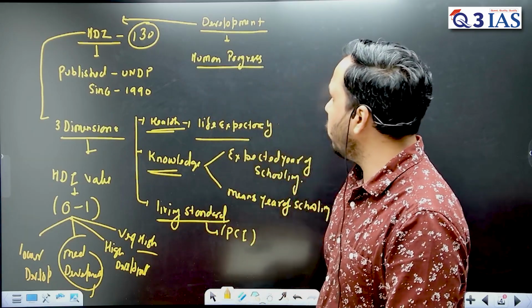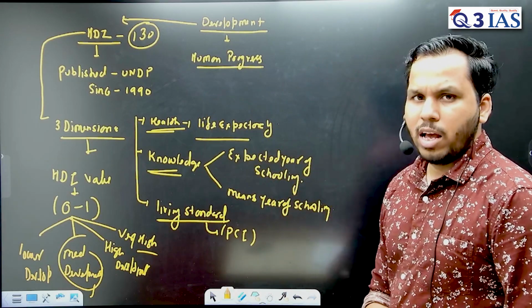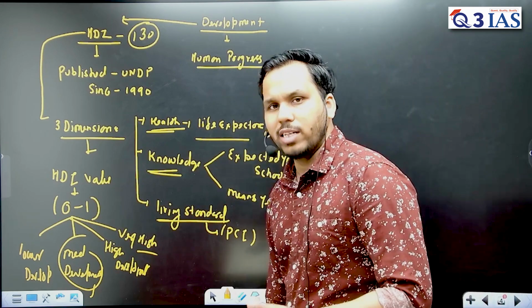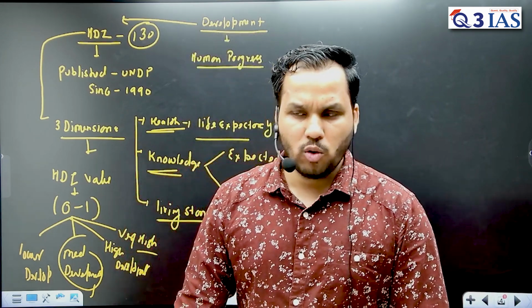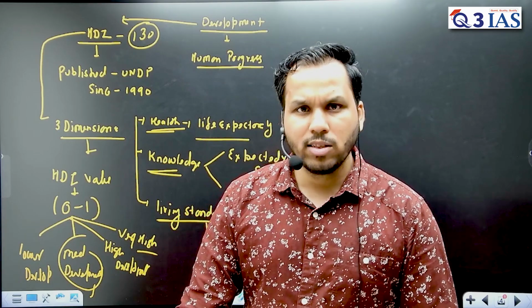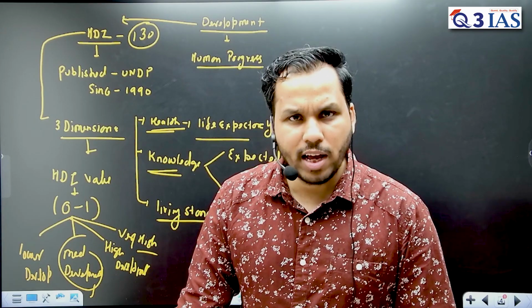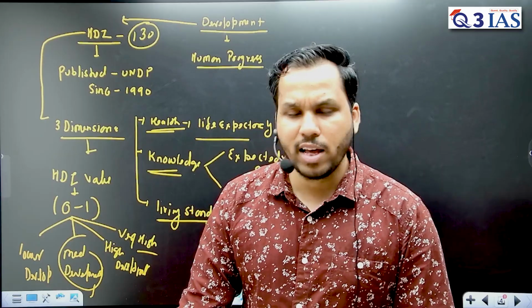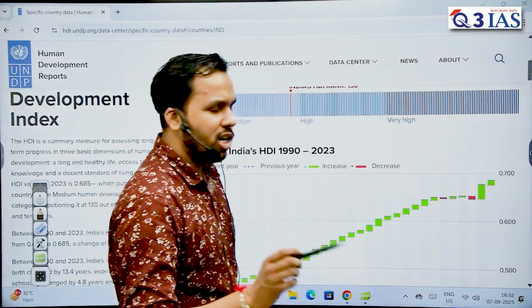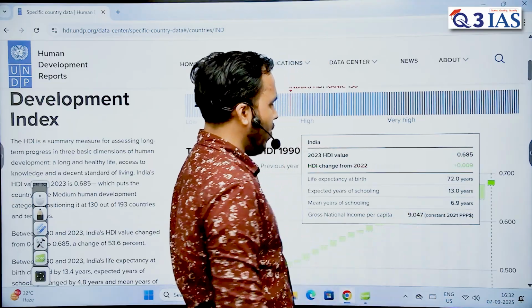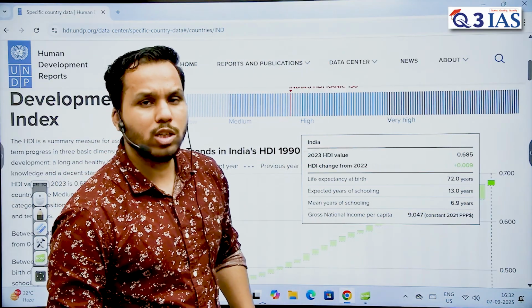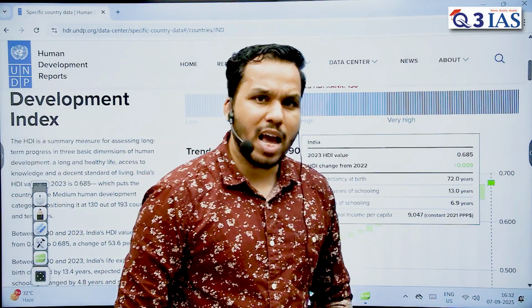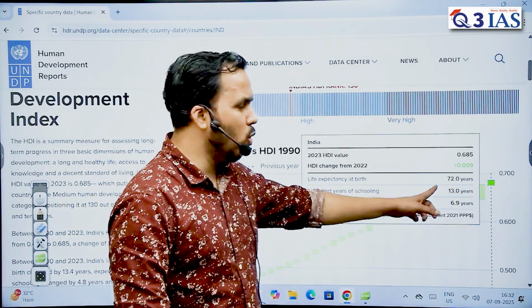So currently we can say the Human Development Index is published by UNDP since 1990, and if we see India's growth, we can clearly see India is gradually improving its economy, education, health and per capita income. What is the status of India's HDI? Look here. If we talk about life expectancy at birth, according to the 2022 report, India's life expectancy at birth is 72 years.